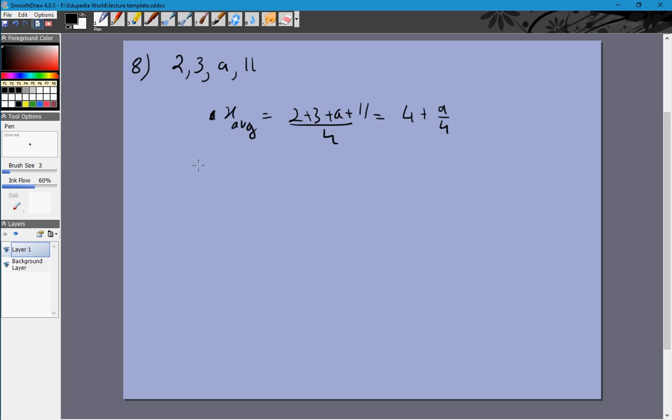Then the standard deviation, if it's sigma, then sigma squared is the variance, which is the mean square of the differences, which means (4 plus A by 4 minus 2) gives me (2 plus A by 4) whole squared, plus 3 gives me (1 plus A by 4) whole squared, plus this minus A gives me (4 minus 3A by 4) whole squared, plus this minus 11 gives me (7 minus A by 4) whole squared, divided by 4.